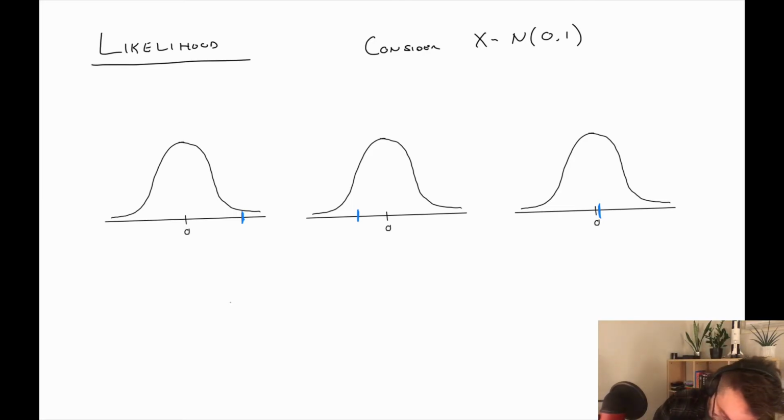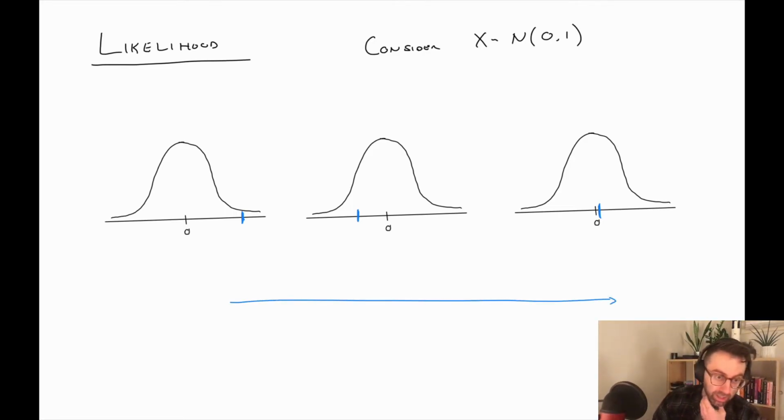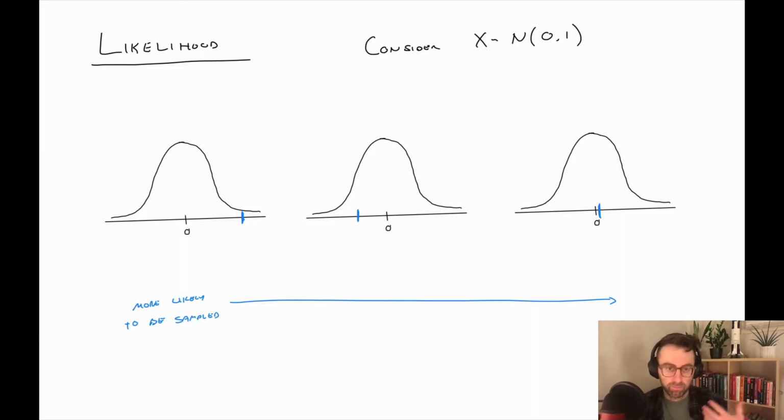So as we go from here to here, those observations are, let's say, more likely. I think that's pretty intuitive.